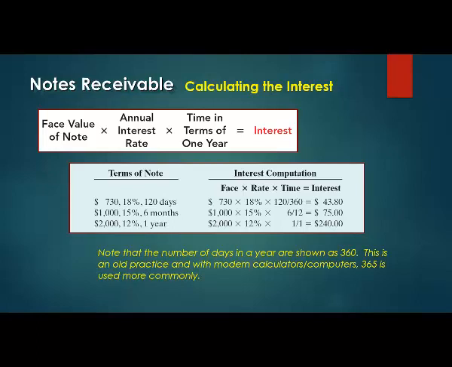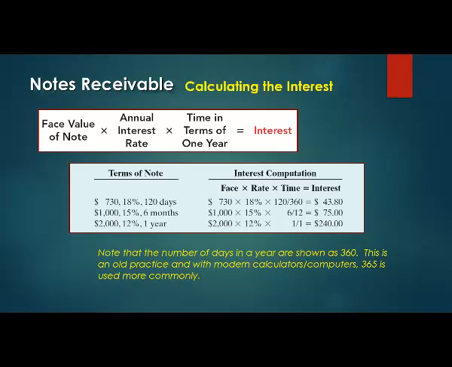So if we borrowed for 120 days, we would first take the principal, $730, times the interest rate, 18%, and then prorate it times 120 days divided by 360. We use 360 for this calculation instead of 365.